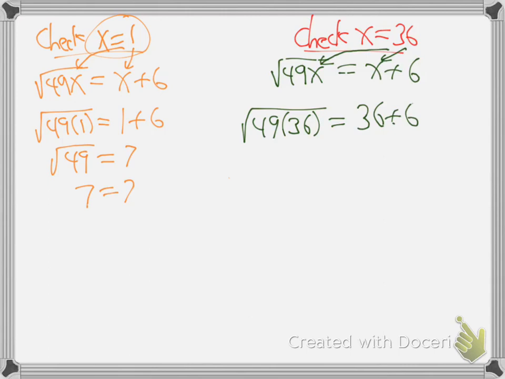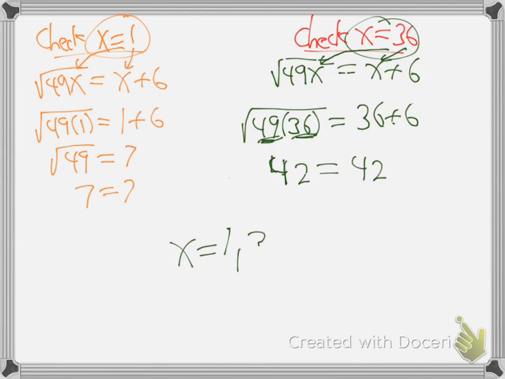I think this comes out 42 if you use your calculator. Yeah, because the square root of 49 is 7, the square root of 36 is 6, 7 times 6 is 42, and 36 plus 6 is 42. Yeah, they're both good. So both x equals 1 and 36 worked. There's actually 2 answers. Notice they both work.